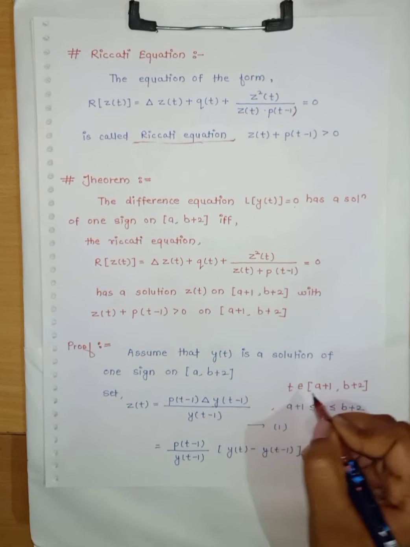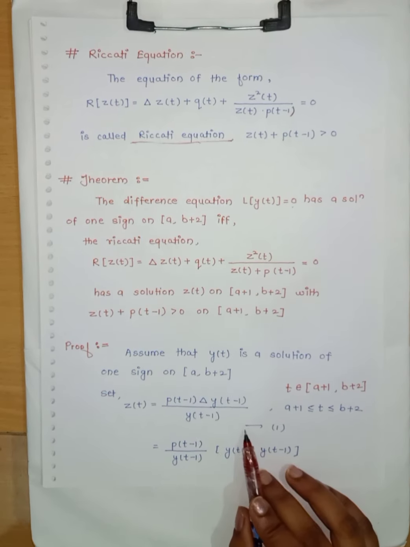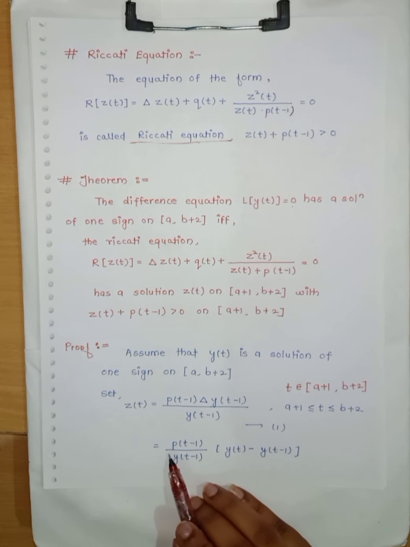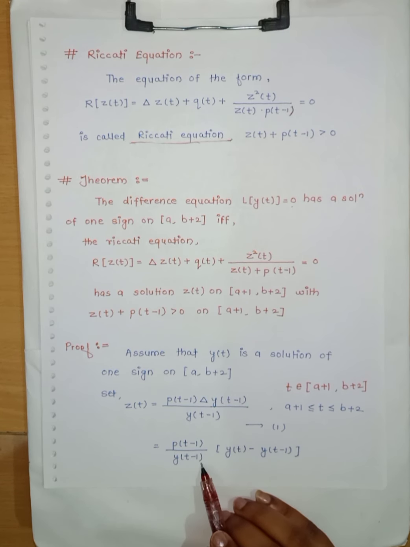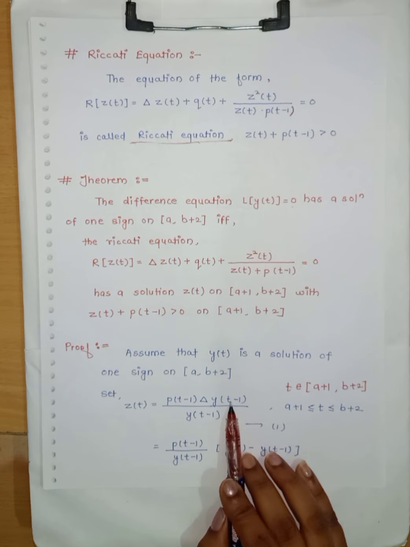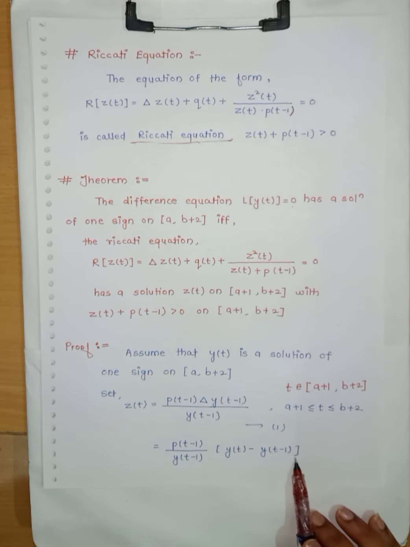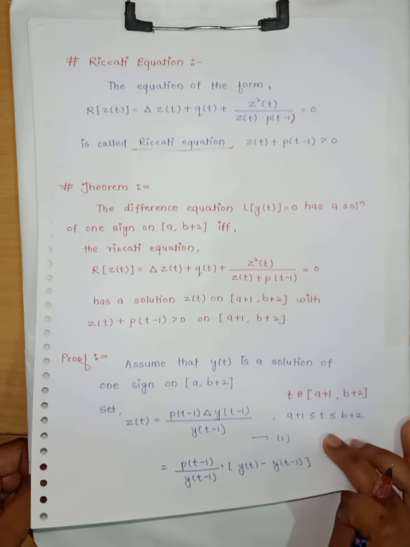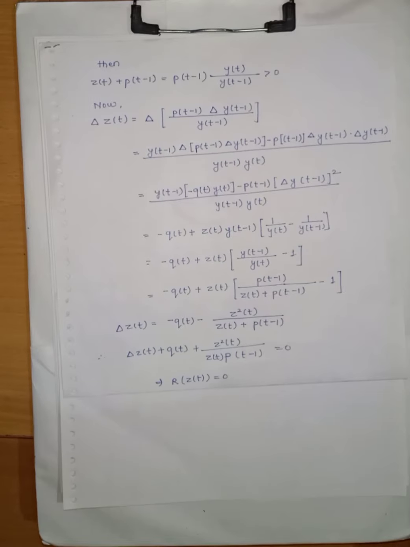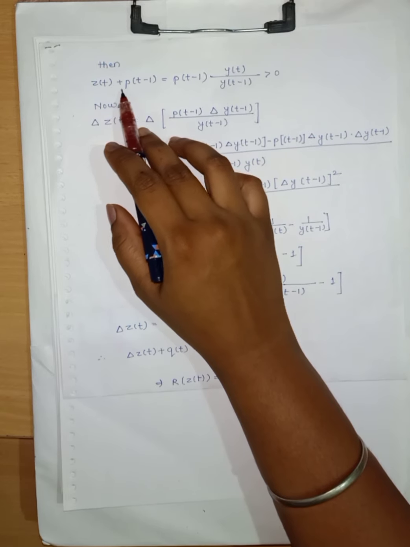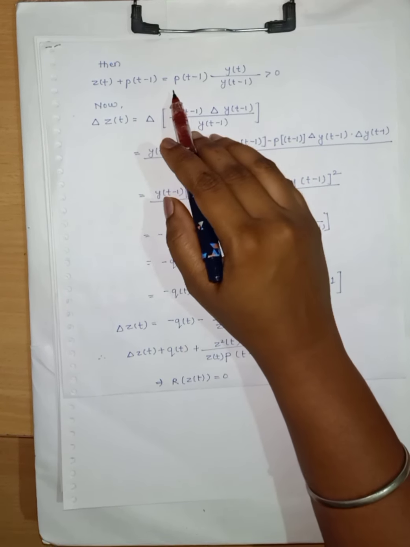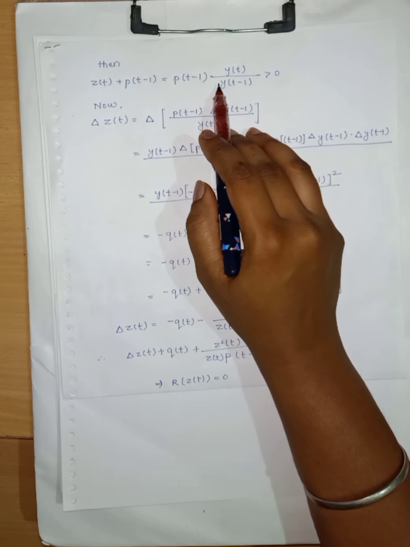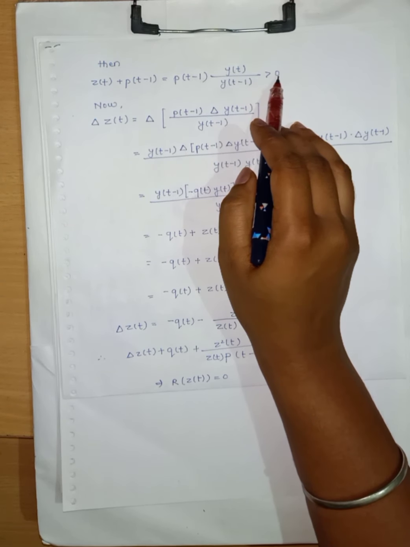We will give this as equation 1, and z of t equals p of t minus 1 into y of t minus 1; this delta is operating on y of t minus 1, so we write it separately, into y of t minus y of t minus 1. Then z of t plus p of t minus 1 equals p of t minus 1 into y of t upon y of t minus 1, which is greater than 0.